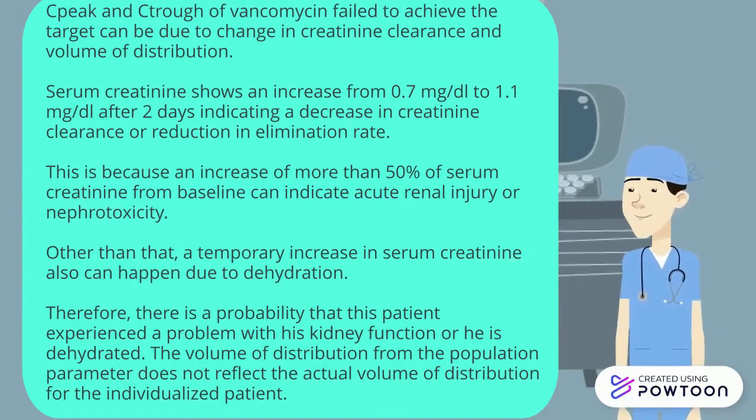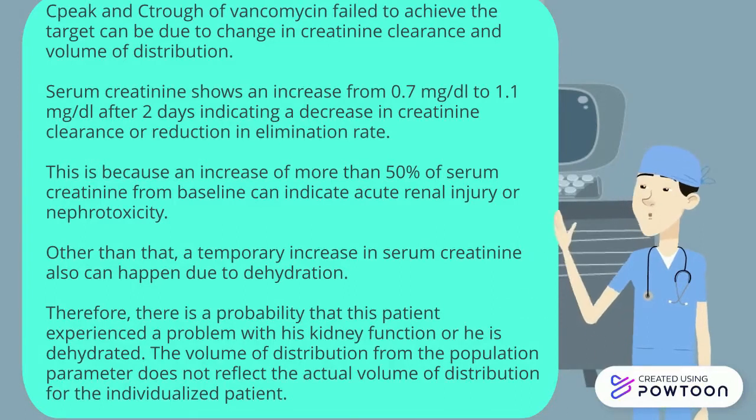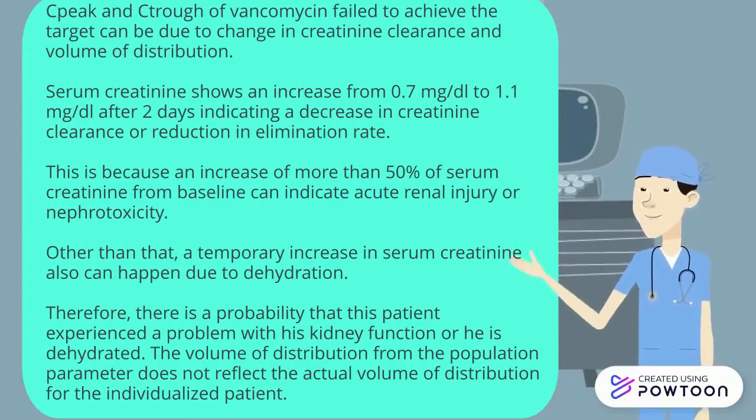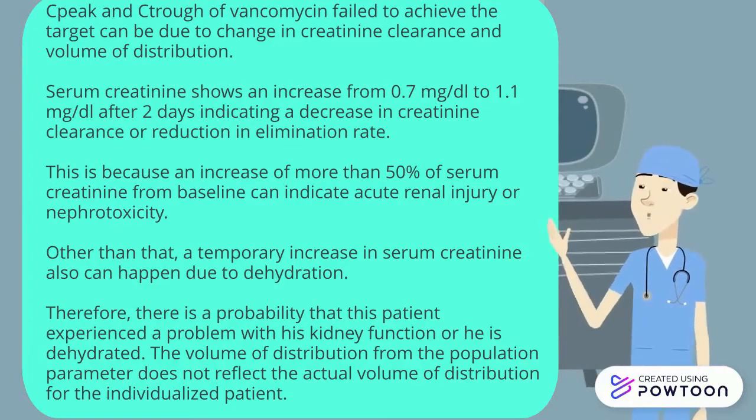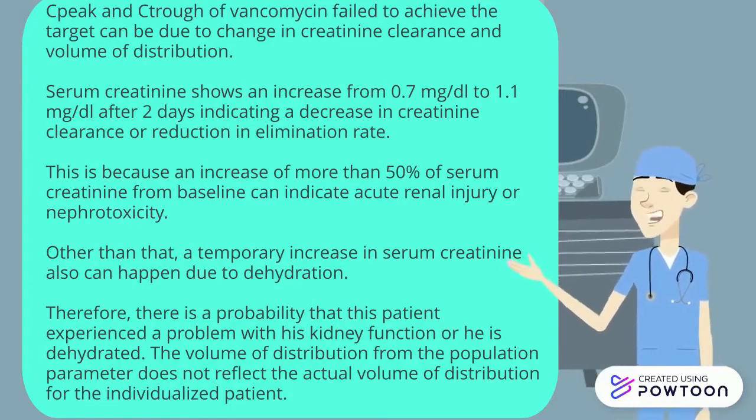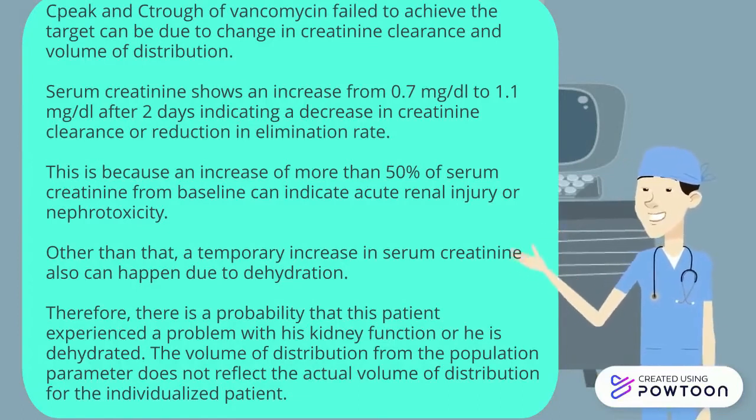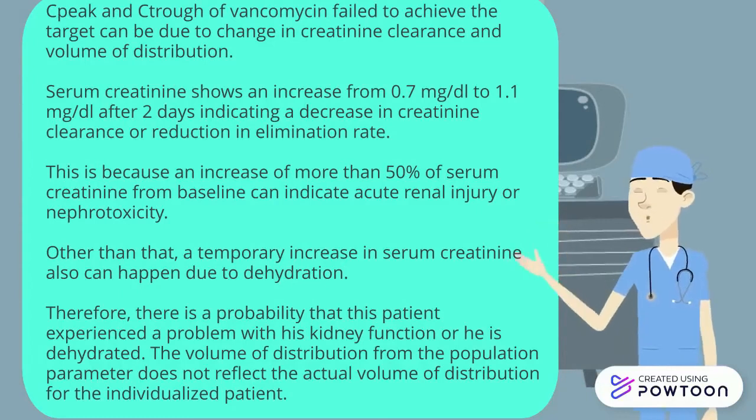Serum creatinine shows an increase from 0.7 mg per deciliter to 1.1 mg per deciliter after 2 days, indicating a decrease in the creatinine clearance or reduction in elimination rate. This is because an increase of more than 50% of serum creatinine from the baseline can indicate an acute renal injury or nephrotoxicity.